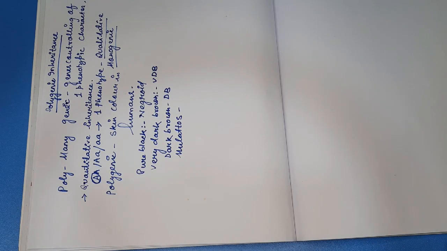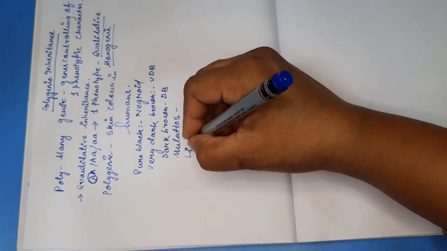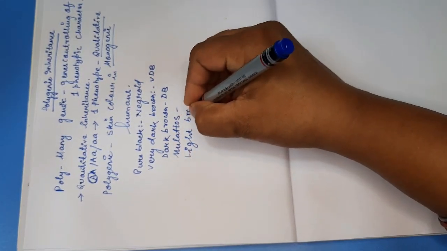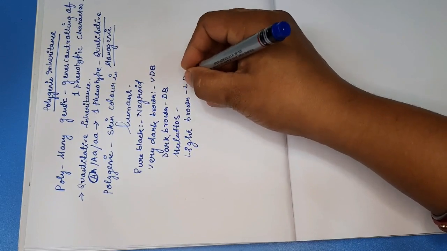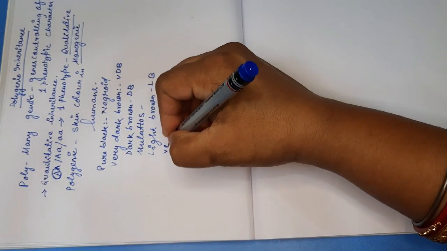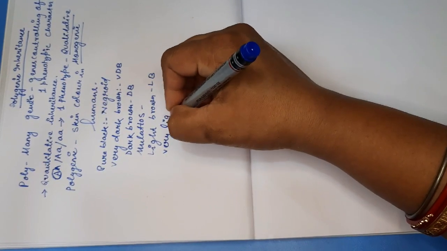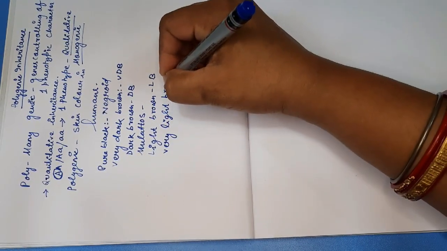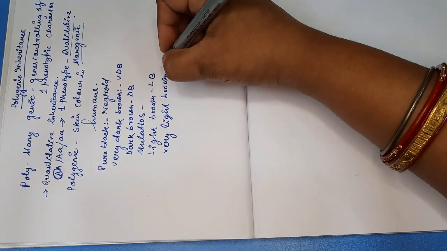If you go one shade lighter, then the skin will be light brown in coloration, and we can use the abbreviation LB. If you make the skin one more shade lighter, then it will be very light brown. Girls will be more adjusted to this.